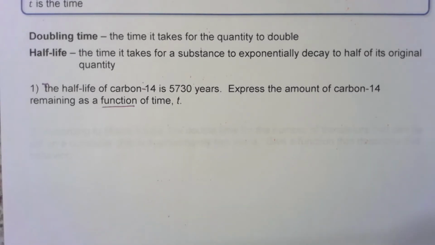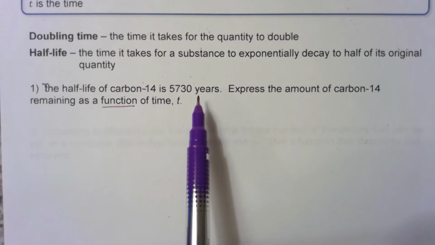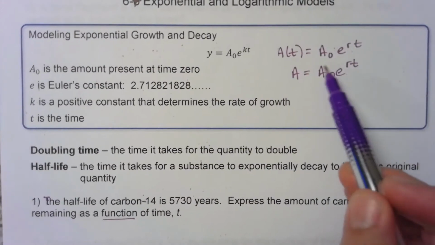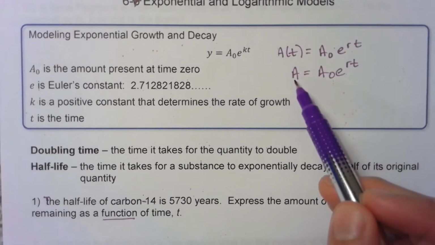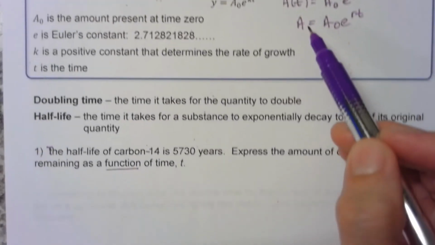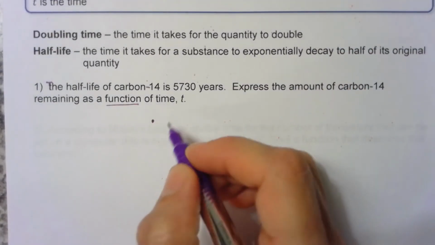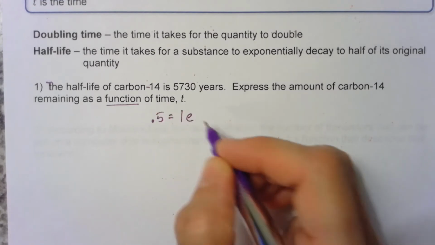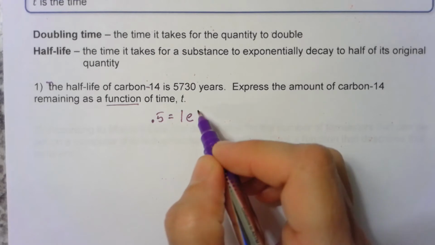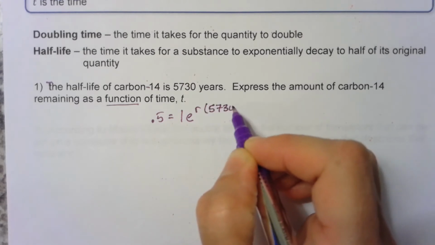So we know that the half-life is 5,730 years. That means if we start with 1 gram, when the half-life is reached, we have half a gram, right? So that's what we go with. We have half a gram remaining, starting with 1 gram, e to the r, which we don't know, and t is 5,730 years.